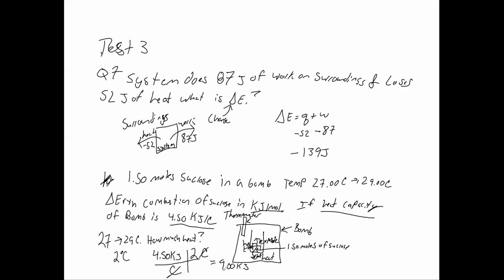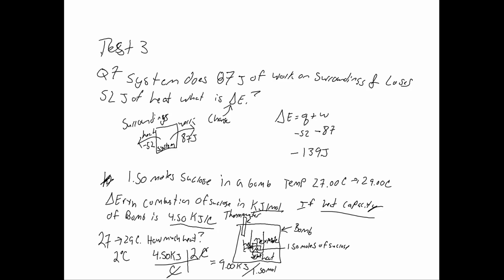And so what you can do is take how much energy was released that you just calculated and divide it by how many moles of sucrose you had. So I had 1.5 moles of sucrose. And so now my units are kilojoules divided by moles. And so I just divide those two numbers.